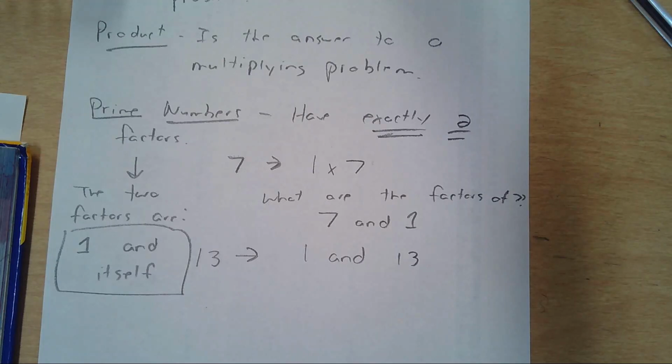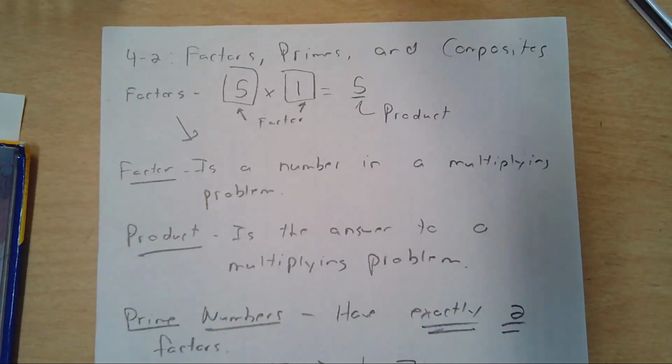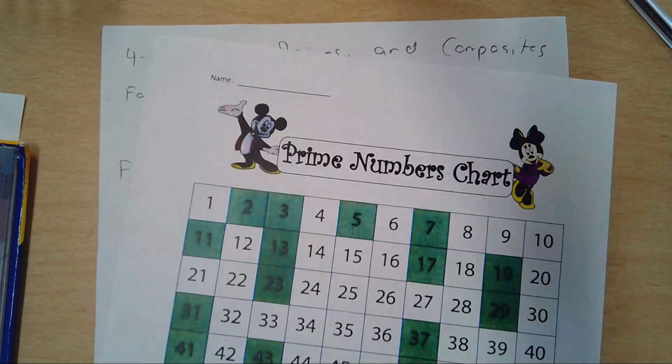Okay? So, your sheet that I gave you there, all those numbers that are in green are prime numbers, meaning they only divide by 1 and themselves. Look at them there. An interesting thing you'll see is even numbers.